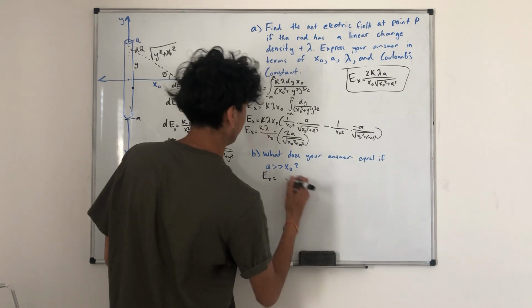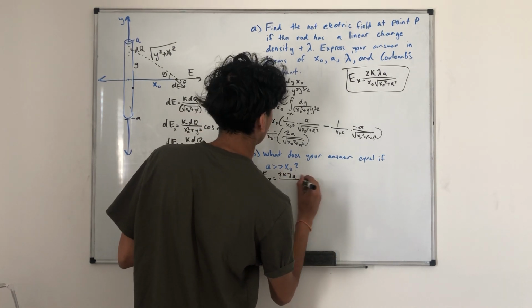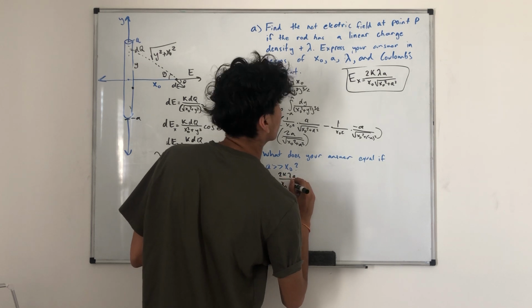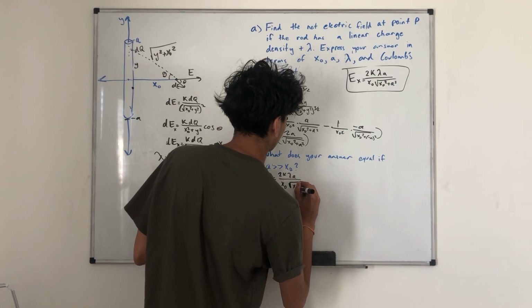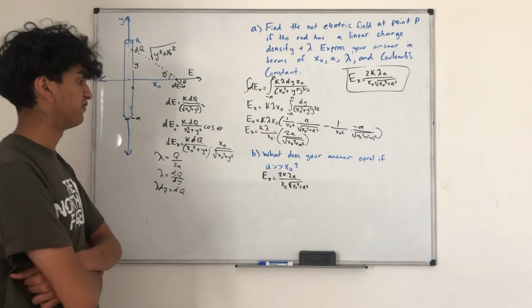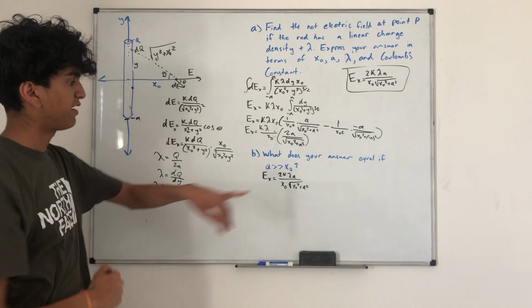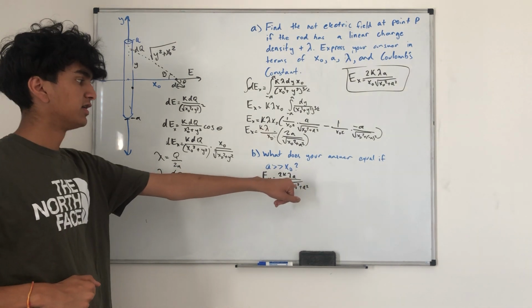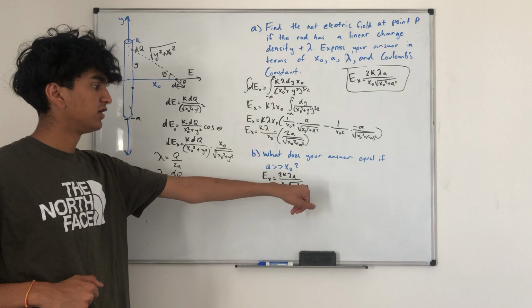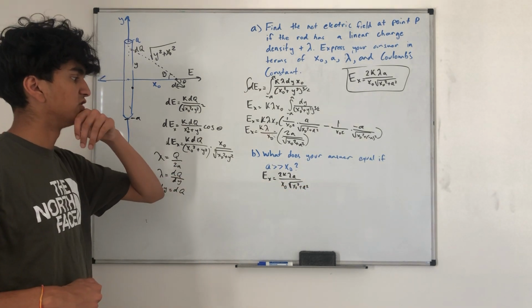It's not a very simple limit to solve. If you were to evaluate this limit directly, you would probably get an indeterminate form, because you would have infinity as a, and infinity here too.